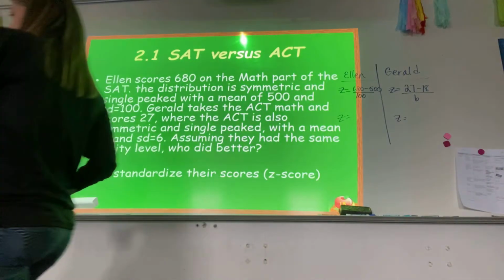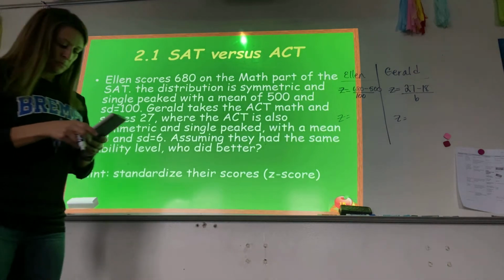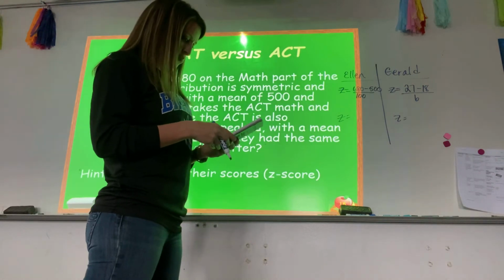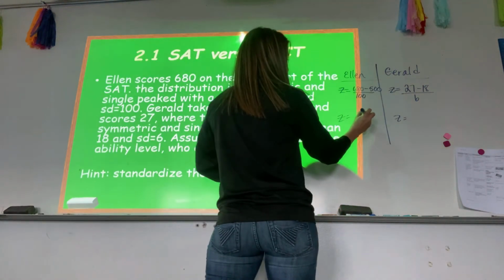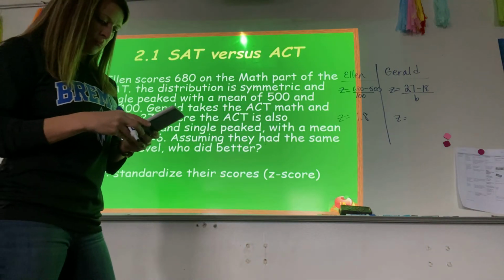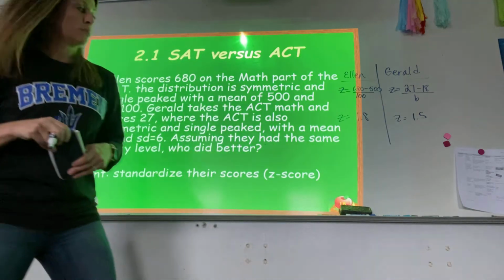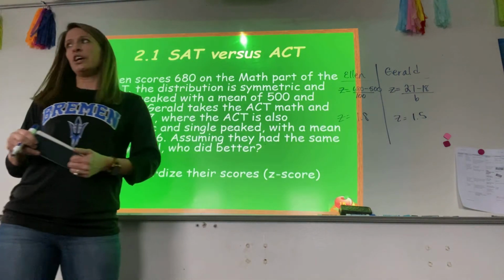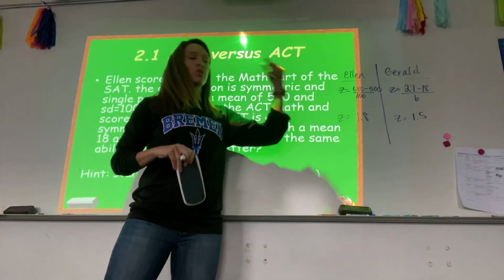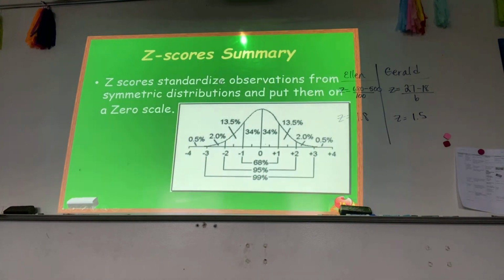Do you have to find the p-value to determine who did better? No. Who did better? Ellen, very good. If you wanted to look at their ranking and their percentile, then yes, you could absolutely look up the p-values for that and drive it home that Ellen did better.